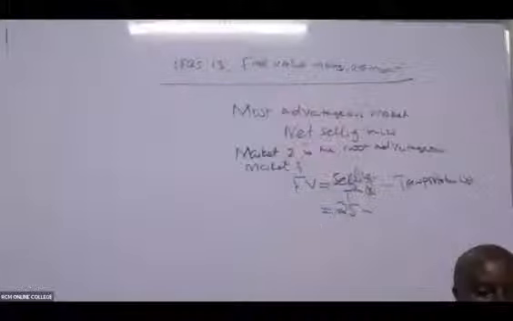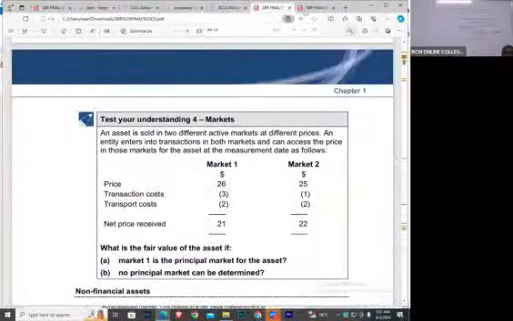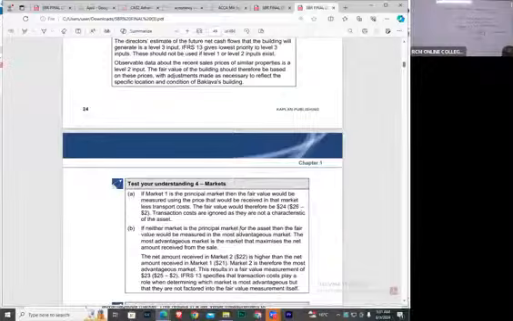For you to be able to understand what I'm talking about, ladies and gentlemen, simply look at the answer. If neither market is the principal market for the asset, then the fair value will be measured in the most advantageous market. The most advantageous market is the market that maximizes the net amount received from the sale.